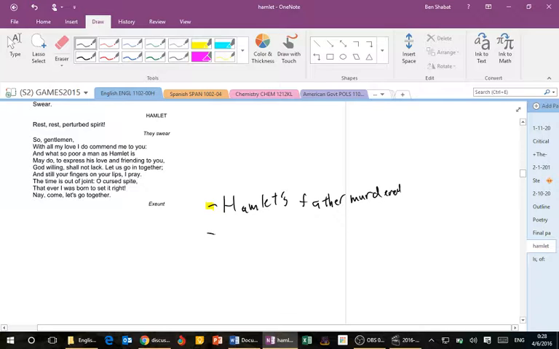And we also know about the mother's relationship with the uncle. And we also have some insights on Hamlet's romantic life.